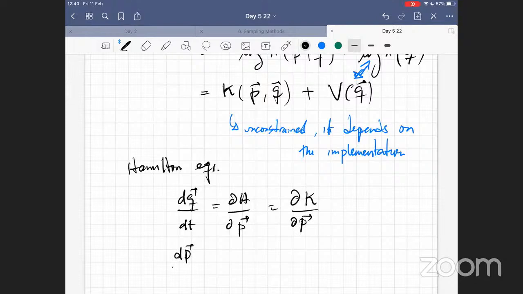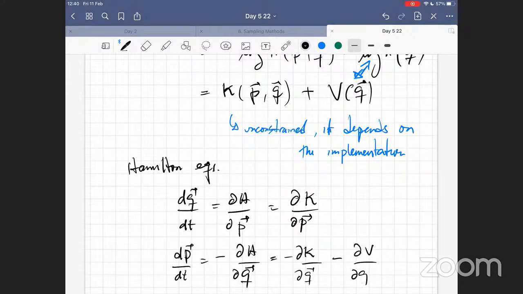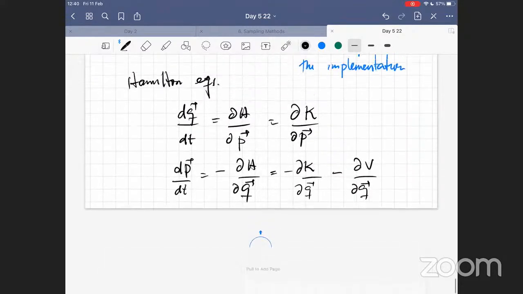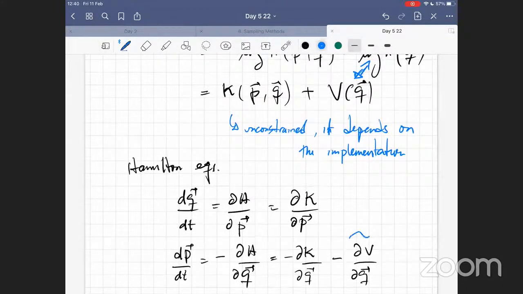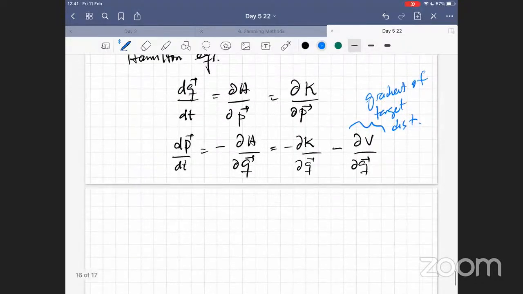And the derivative of P with respect to T is minus dH/dQ, which in general will affect both. And there you identify this as the gradient of the target distribution. I think this is also called the forces, I mean, in the jargon of lattice QCD.